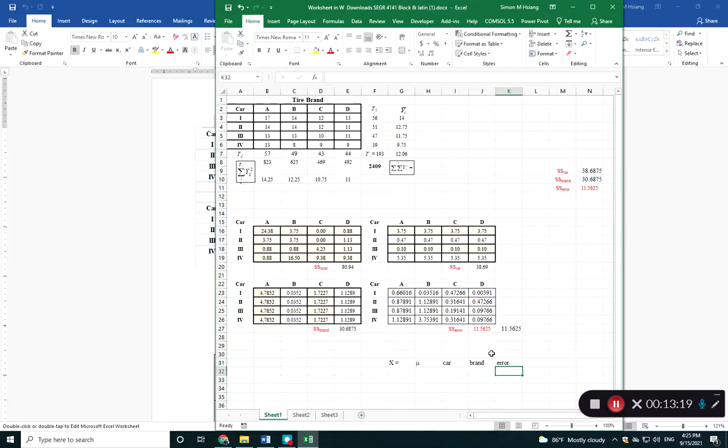But when I'm doing my computation, I'm basically saying that I'm going to do one computation without a brand. I'm going to do one computation without a car. Okay?